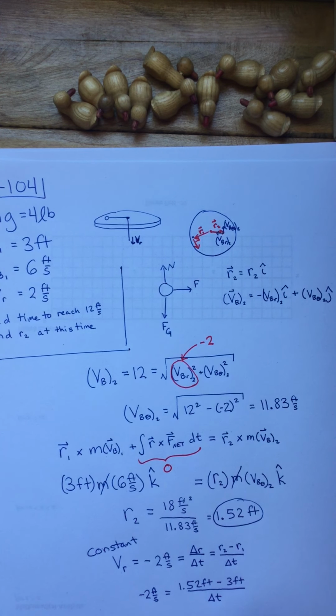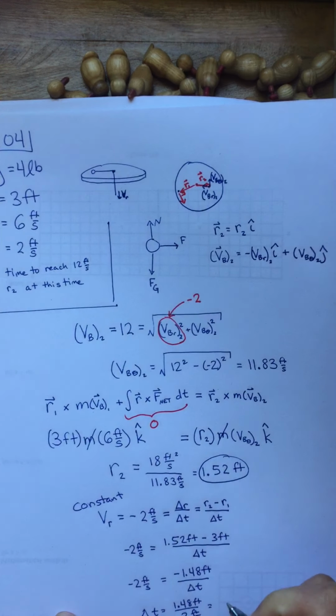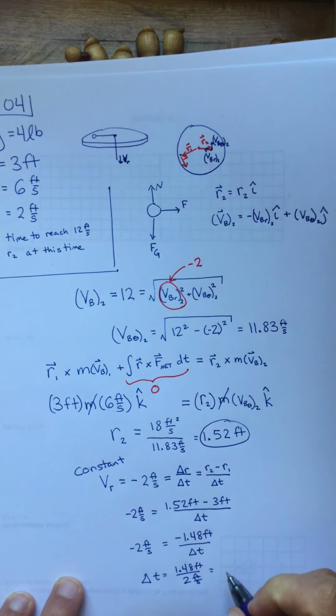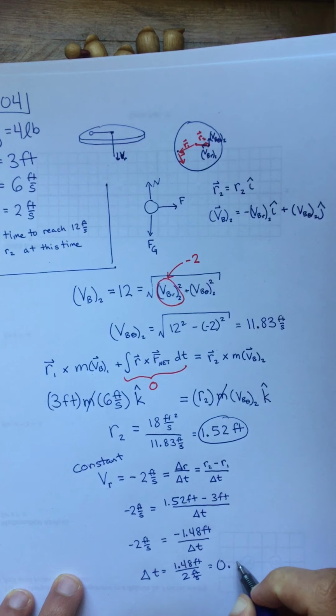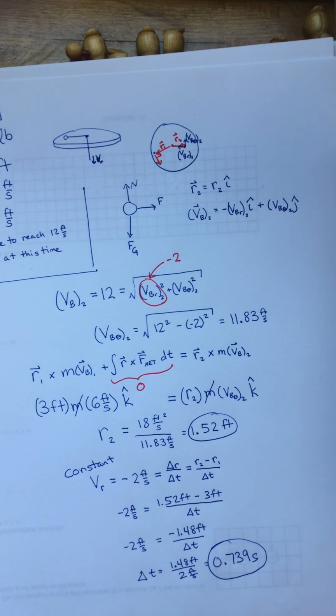So in the numerator here, I have negative 1.48 feet. And over here I have negative 2 feet per second. So delta t is equal to 1.48 feet divided by 2 feet per second. And that gives me 0.739 seconds. And that is my solution for problem 104.